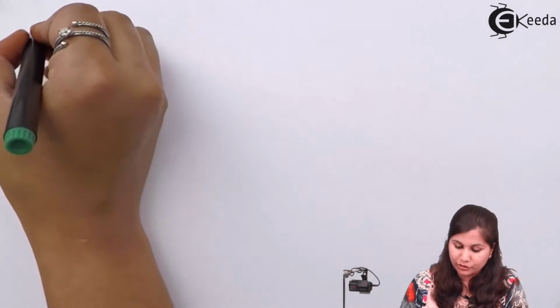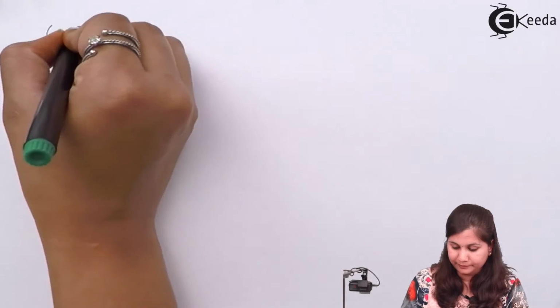So this was the working and the output equation of the potentiometer, that is, how a potentiometer measures the displacement and converts the displacement into an output voltage. Now comes the construction of potentiometers.